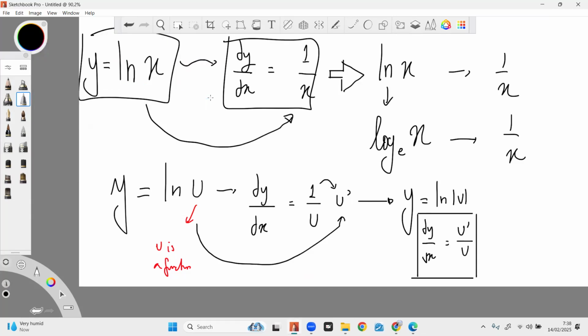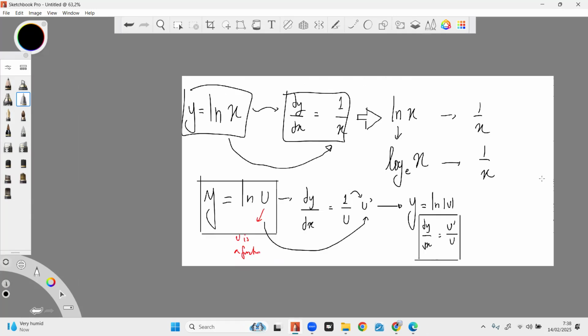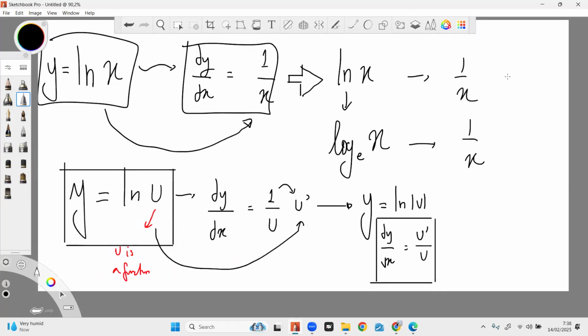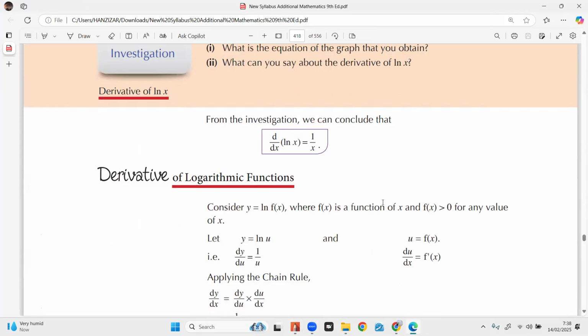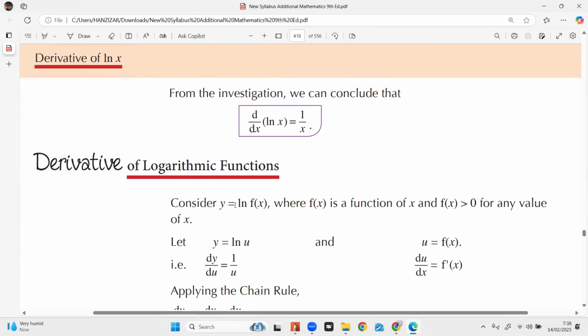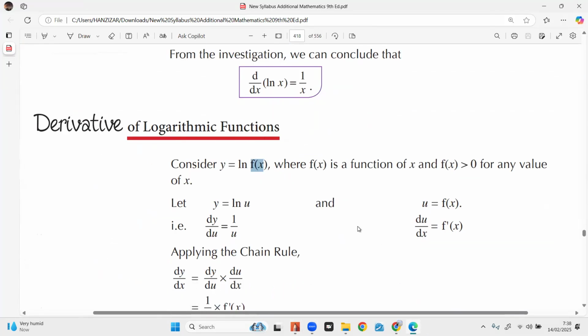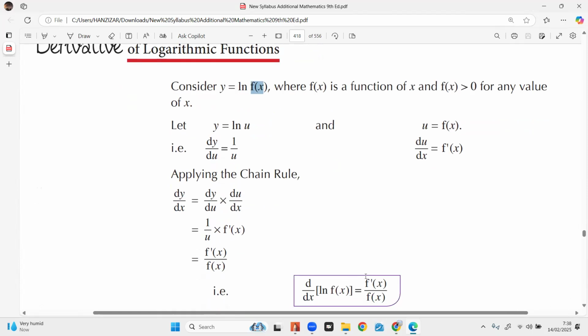Okay, that's for the derivative of natural logarithm. Ln is a part of logarithm, so we have this formula representing all the topics later that will be used in all topics. Let's see. If I have ln f(x) or ln u, there you go, u' over u.